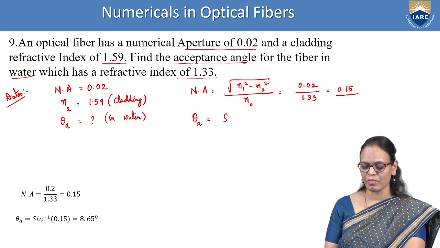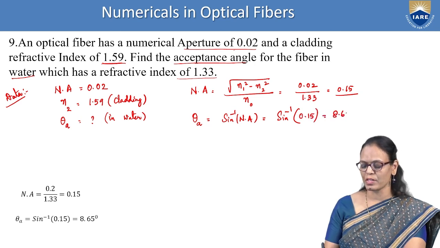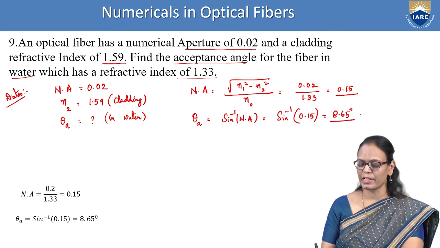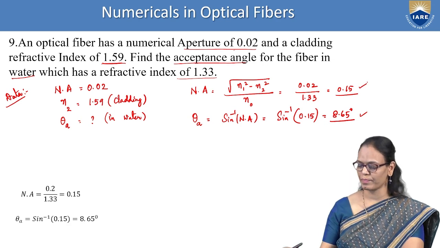So theta A is equal to sine inverse of numerical aperture. So sine inverse of 0.15, that is 8.6. So the acceptance angle is 8.65 degrees and the numerical aperture is 0.15.